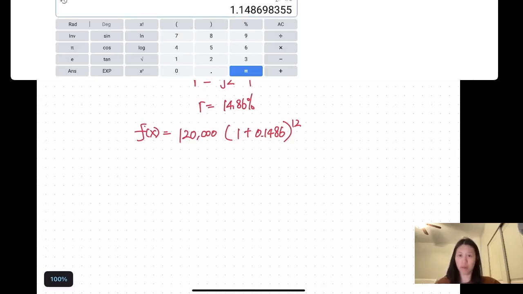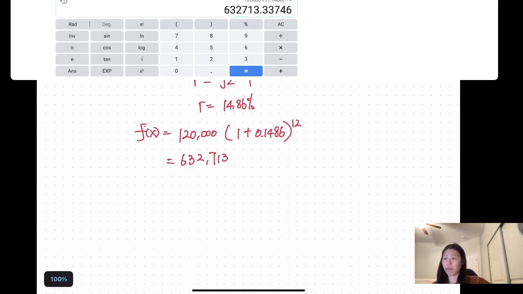So I have 120,000 times 1.1486 to the 12 months. So yes, after a year, 632,713 users will be on the website.